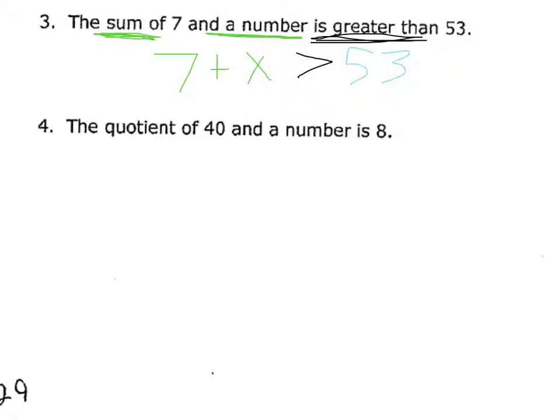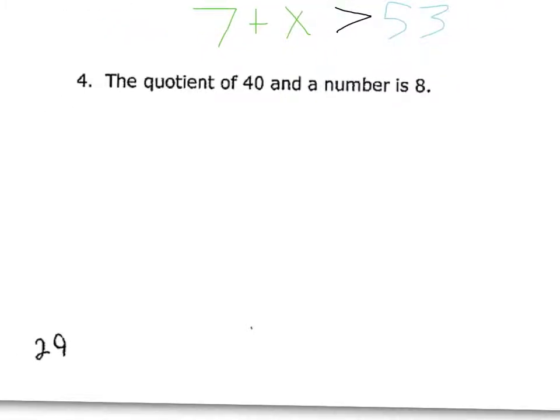Let's try our last one on this page. It says the quotient of 40 and a number is 8. Quotient, we know that represents division. It says the quotient of 40 and a number, so we have 40, and we know that 40 is divided by a number, which is a variable.